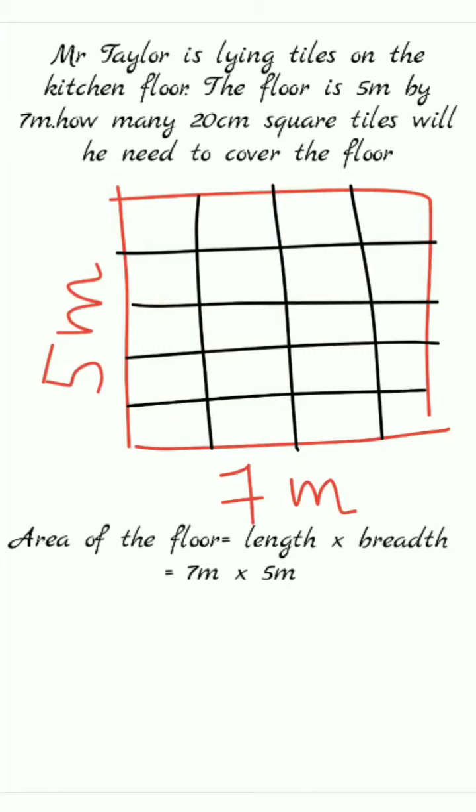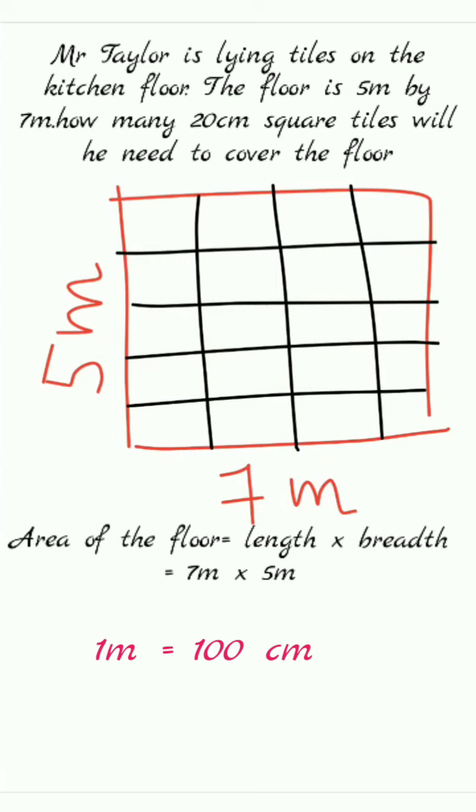But here the length of one side of a square is given in the unit centimeter. But here we have 7 meter and 5 meter, so we need to make all the units same. So we will convert 7 meter and 5 meter into centimeter. We know that 1 meter is equal to 100 centimeter.